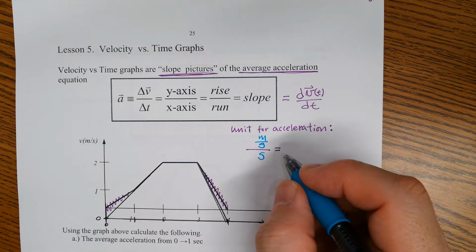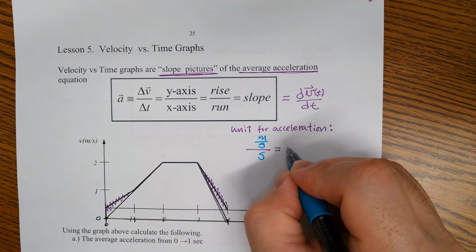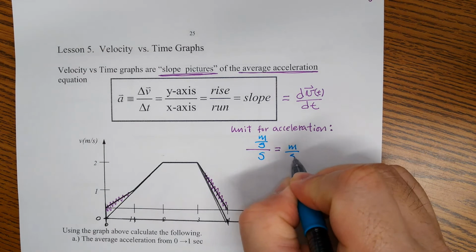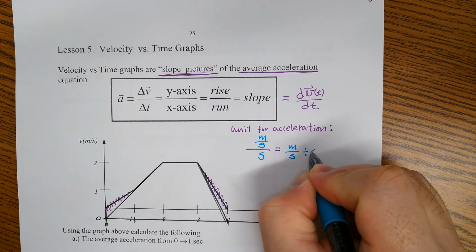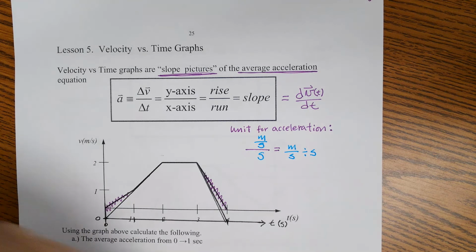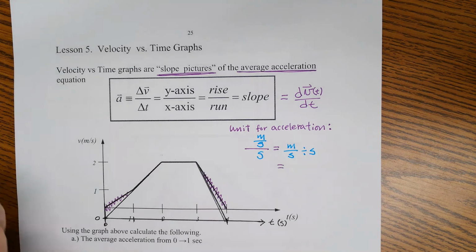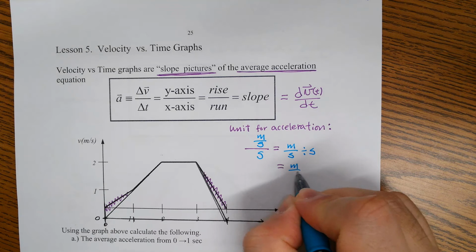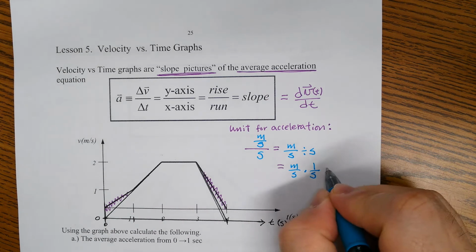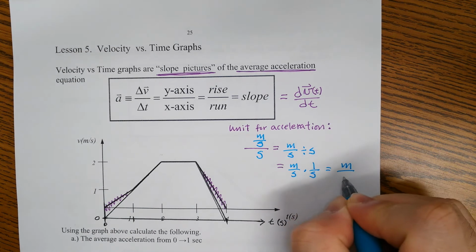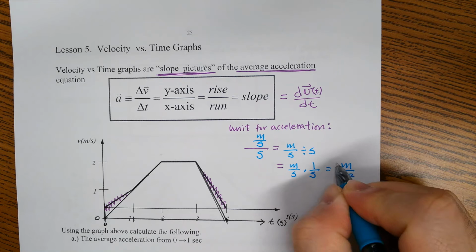And the answer is no, because this meters per second divided by second is the same thing as saying meters per second times the reciprocal of that second. Therefore, it is meters per second squared.